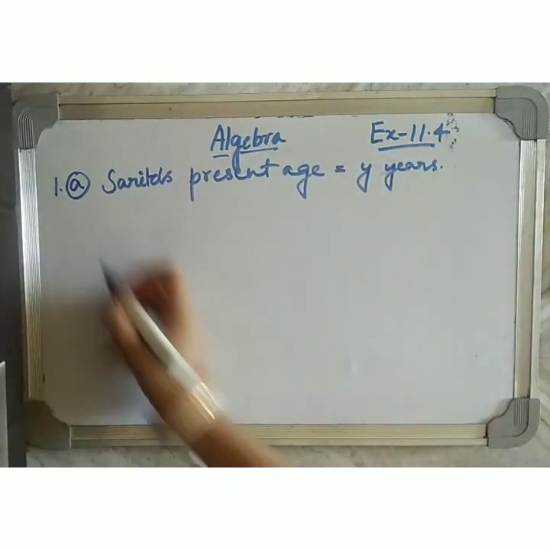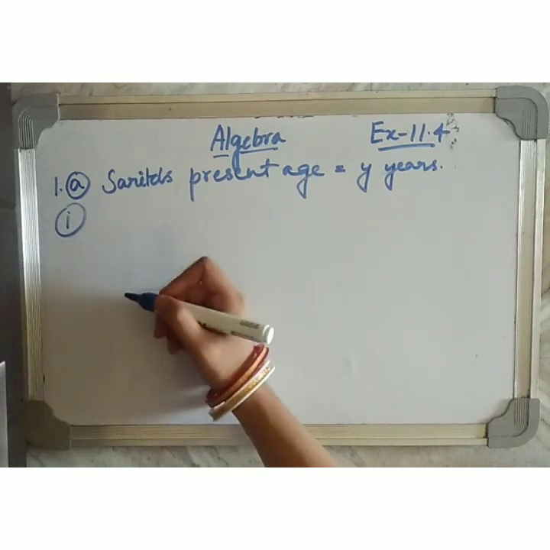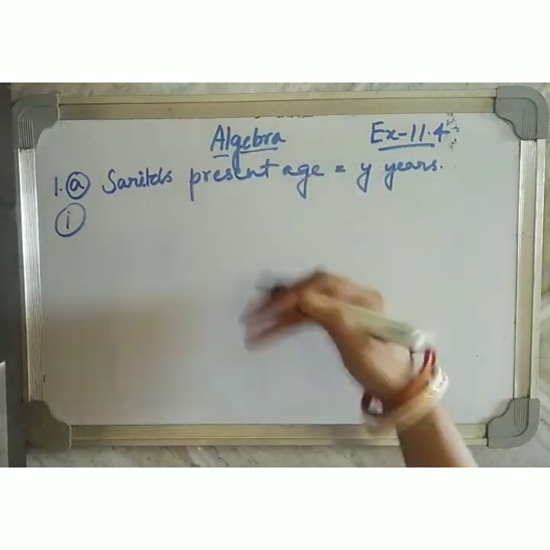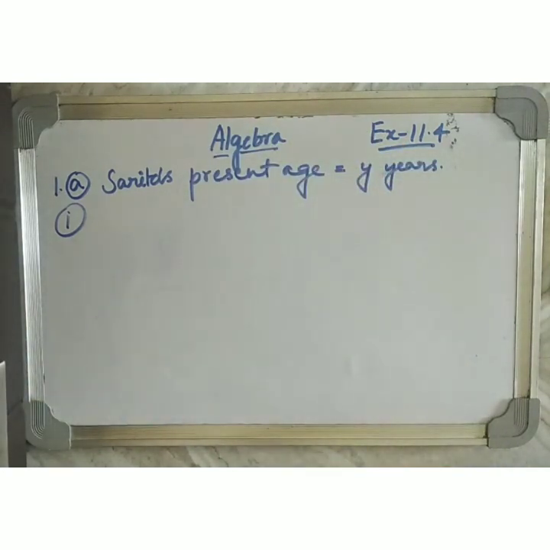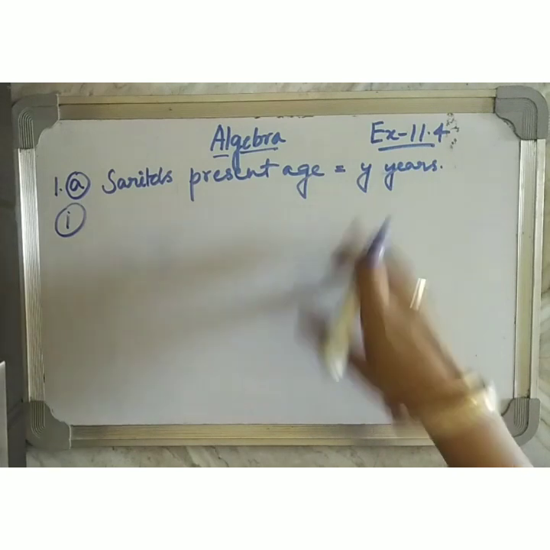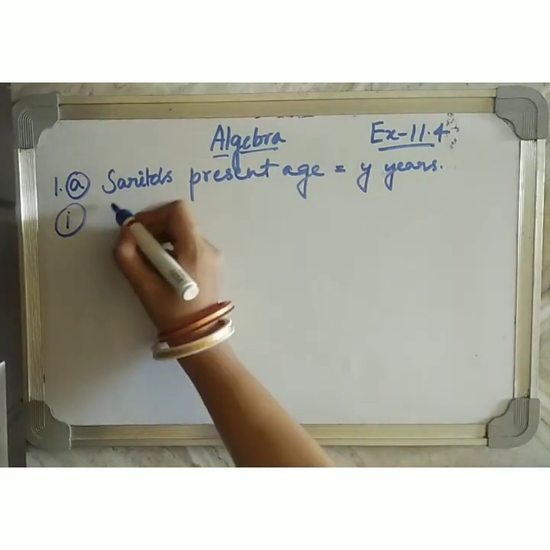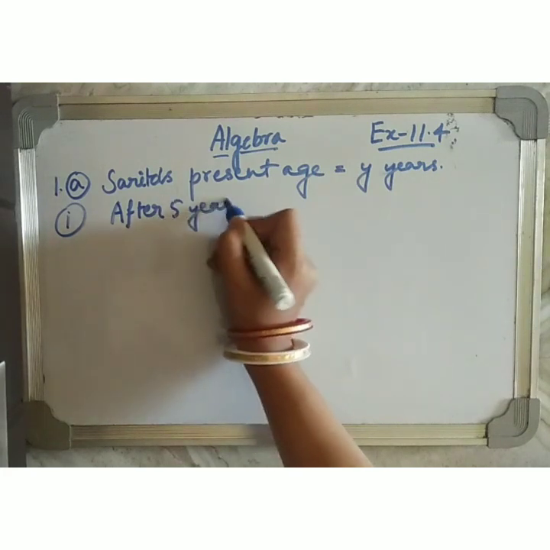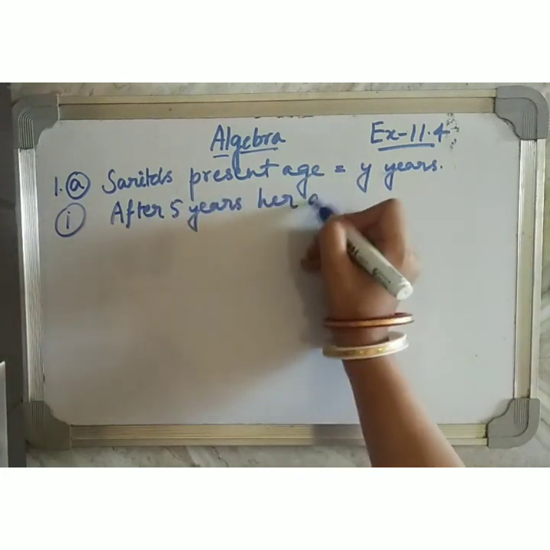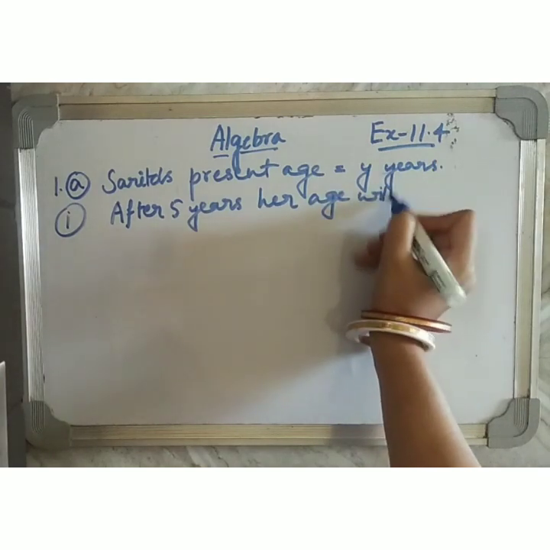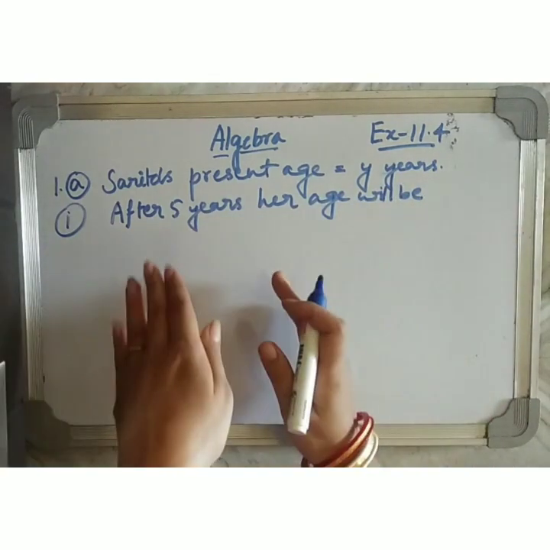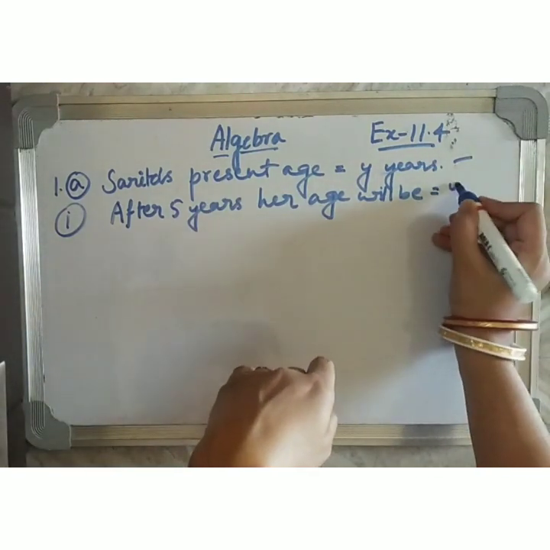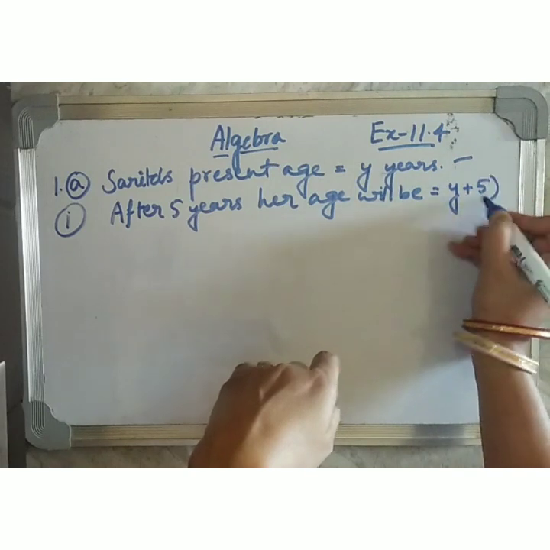After 5 years her age will be 5 years more than her present age, isn't it? At present her age is y years, so 5 years later her age will be y plus 5 years.